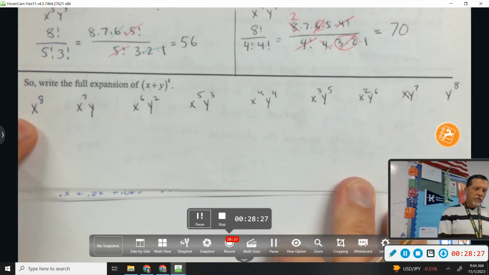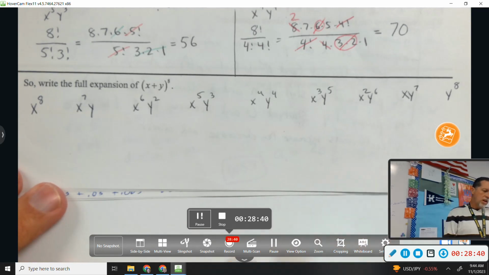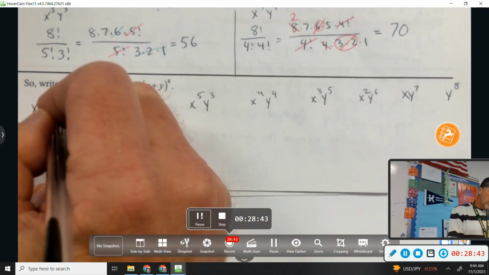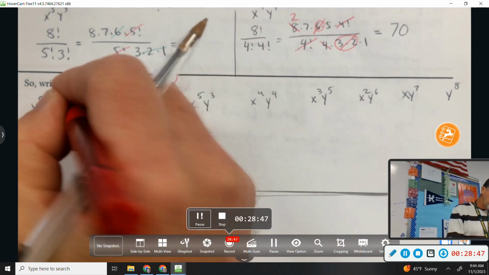Alright, let me pause there. So I got my x's and my y's situated. The x's are going down, the y's are going up, and they always add to 8. So I feel pretty good about those. Now the coefficients, we know the first one's 1. We know the second one is 8. We don't have to do anything there.